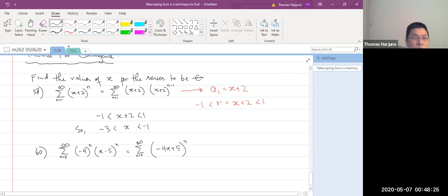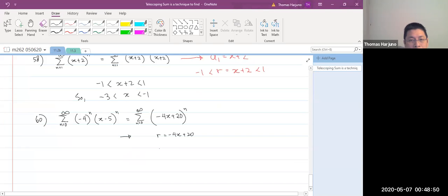Now from here we see that r is -4x plus 20, and that has to be between -1 and 1.